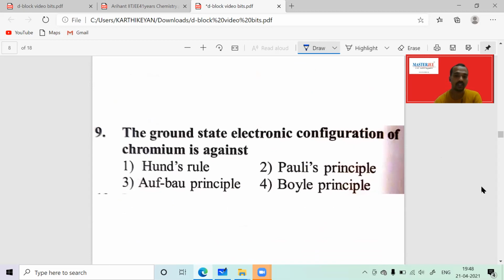Next, the ground state electronic configuration of chromium.